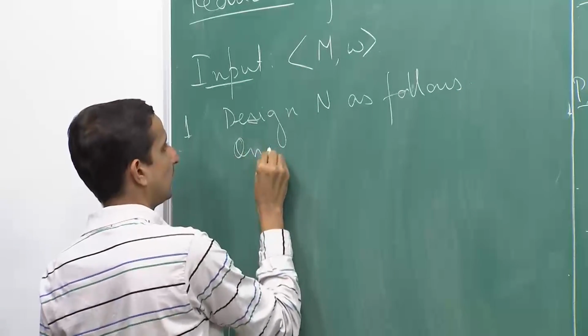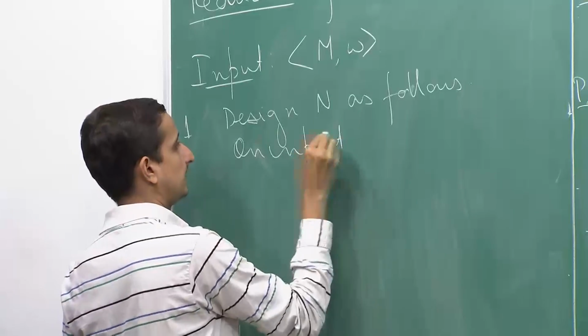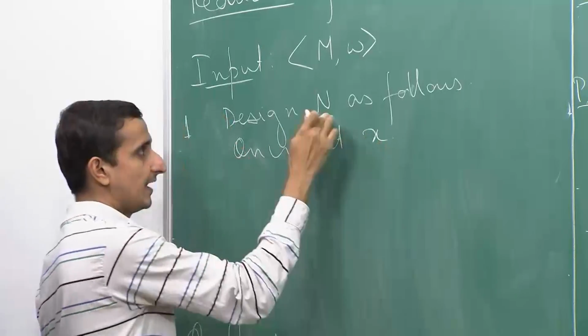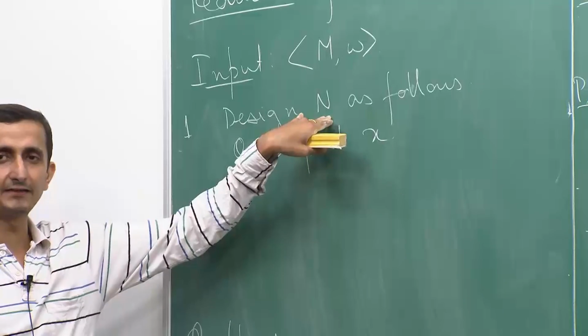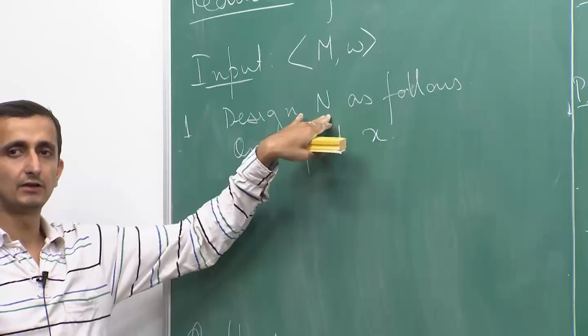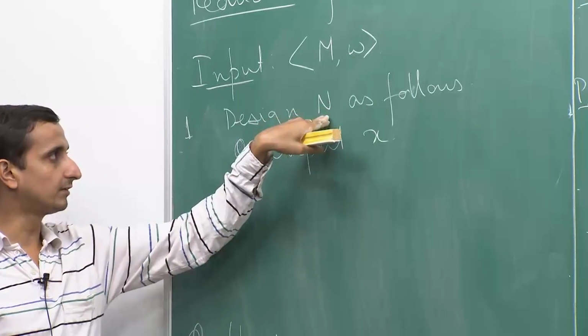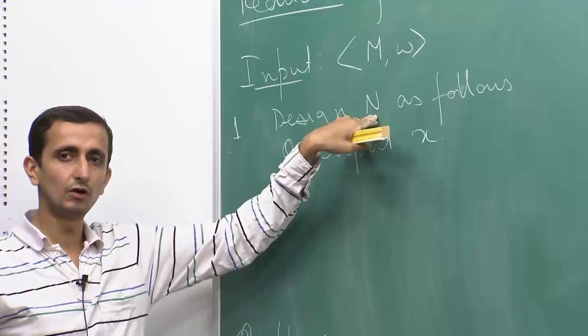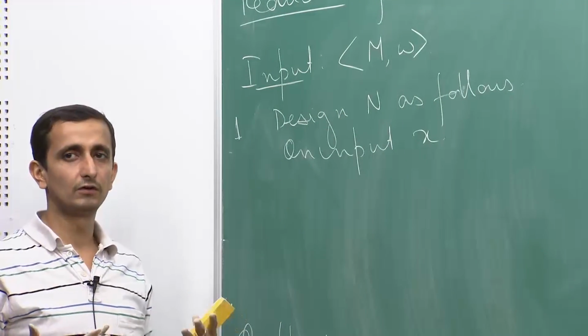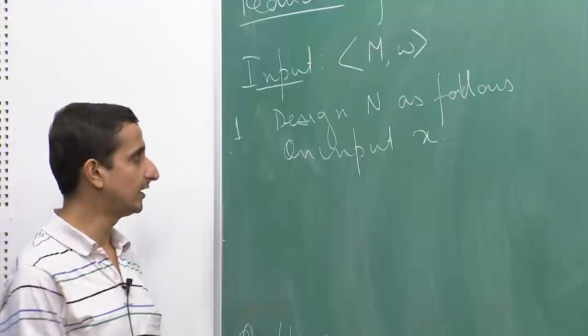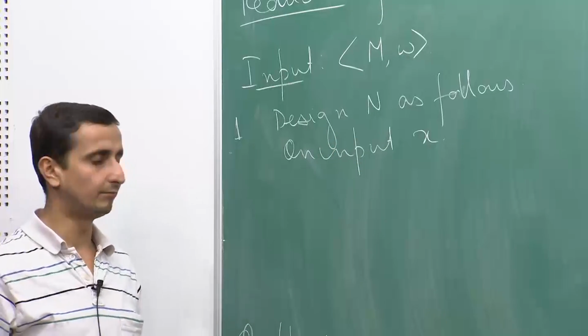On an input x, so x is the input to N, I have to define what this Turing machine is going to do on every input. For example, if I am given an input x, what should the behavior of N be?